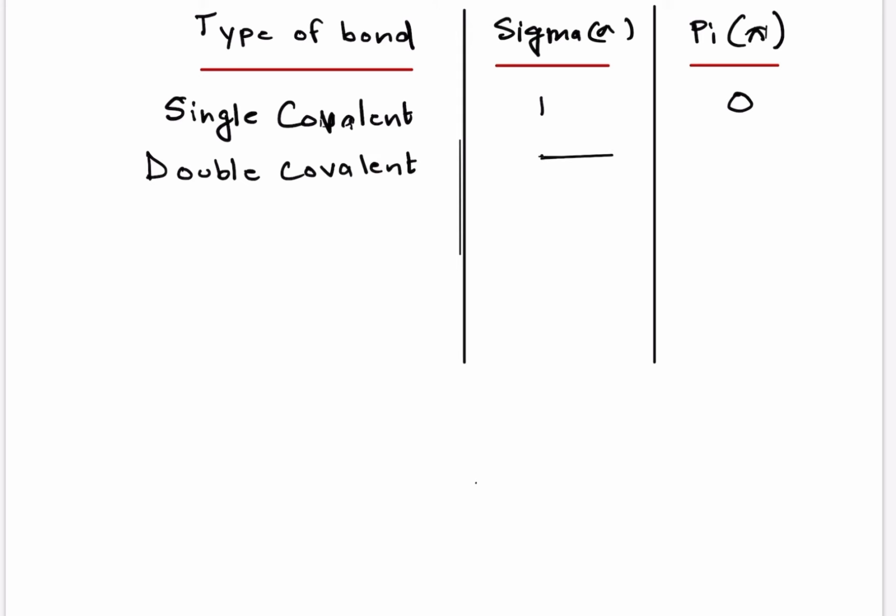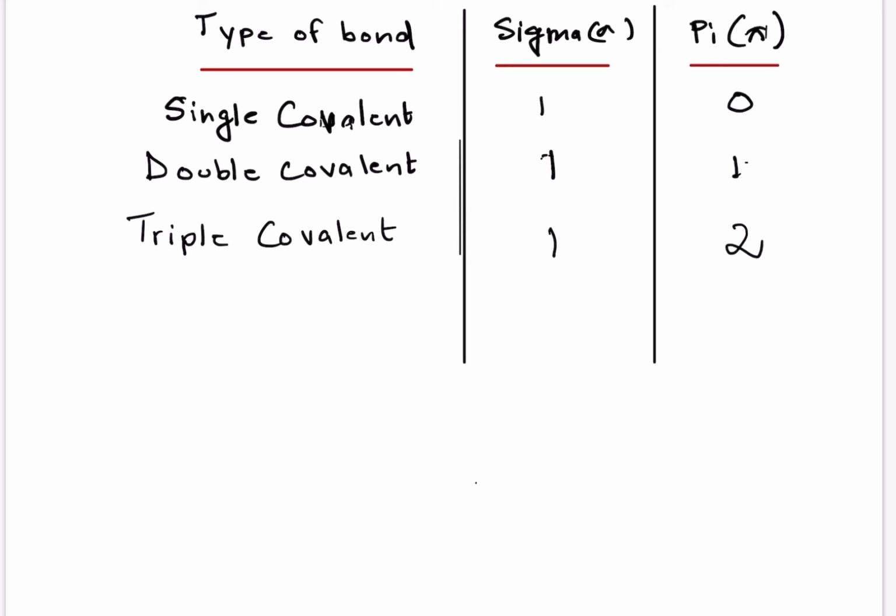In a double covalent bond, there will be one sigma and also one pi. And then we have the triple covalent bond. Triple covalent will have one sigma and two pi. So this is how we talk about the bond and how many sigma and pi it has.